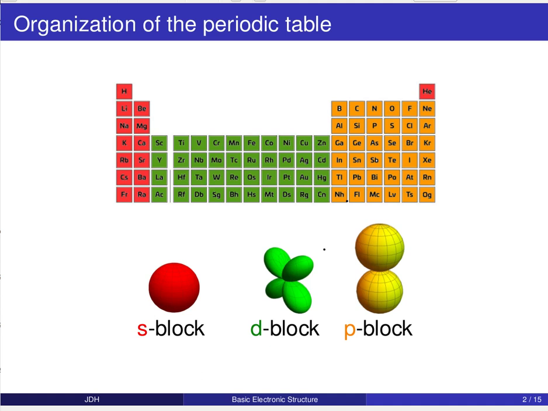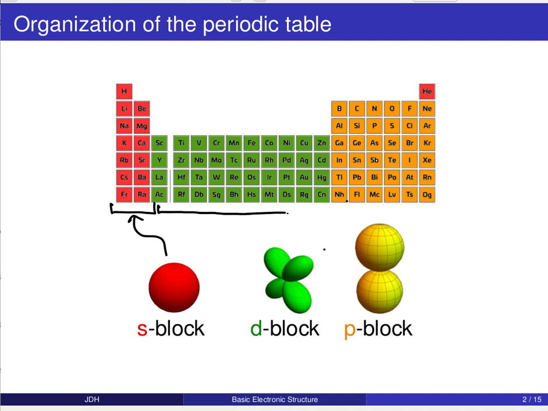Specifically, we introduced this concept of the s block, p block, and d block elements, and saw how we can classify these different regions of the periodic table based on the outermost orbital in which we are placing electrons. So the first two columns are placing electrons in s orbitals.